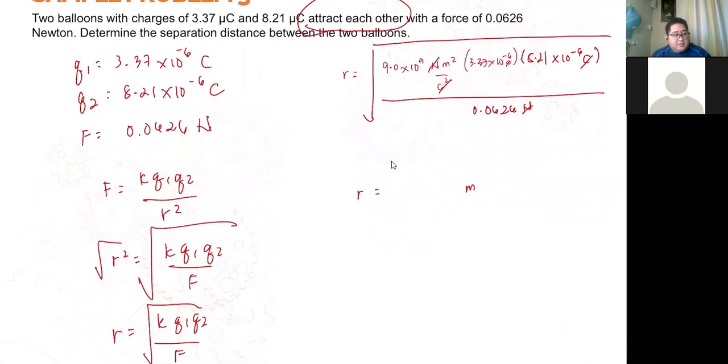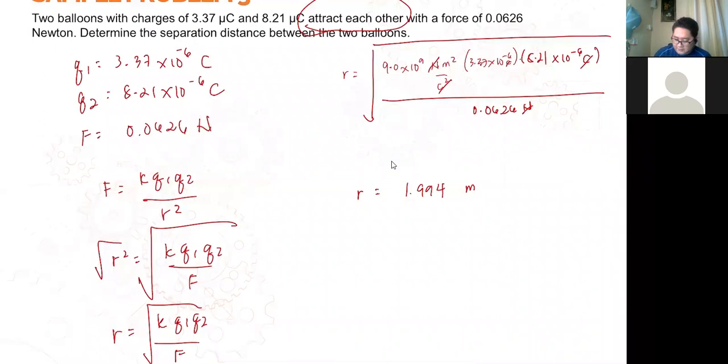Okay? I saw some who already solved it. You were just off by a decimal. It should be 1.994. So, 9 to the 9, 3.37 negative 6, 8.21 negative 6, divided by 0.0626, and the square root is 1.994.